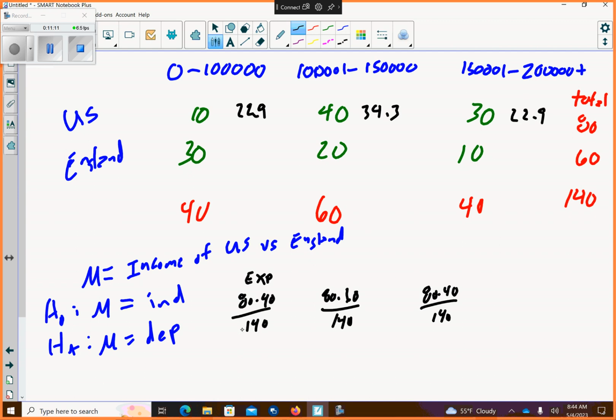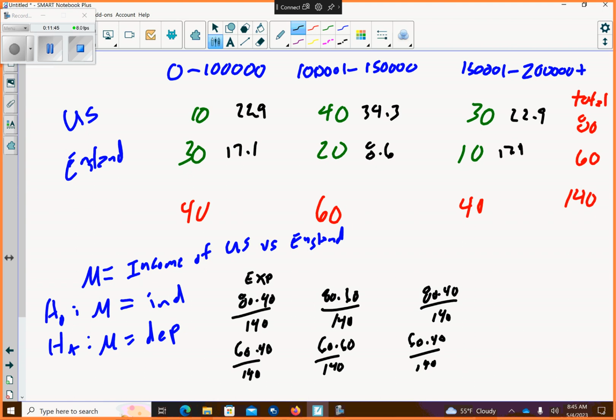Then 60 times 40 divided by 140 gives me 17.1. 60 times 60 divided by 140 gets me 8.6. And then 60 times 40 divided by 140 also gives me 17.1.